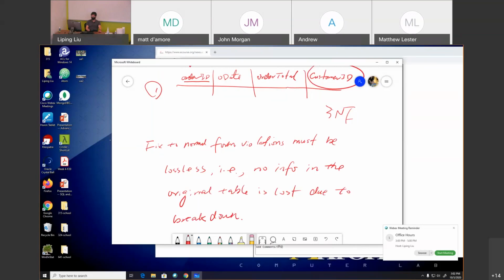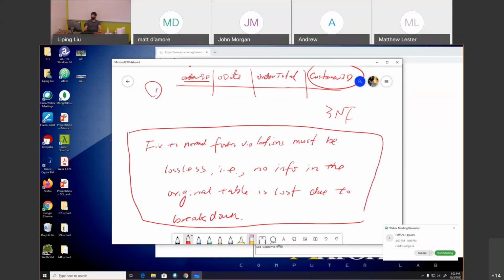So this is a very important criterion for finding something to fix violations.